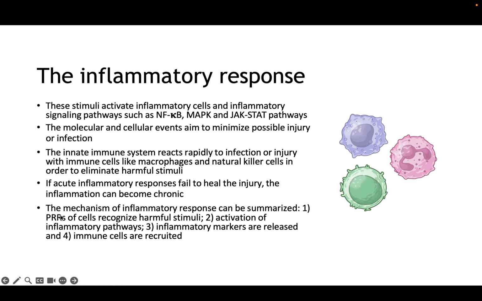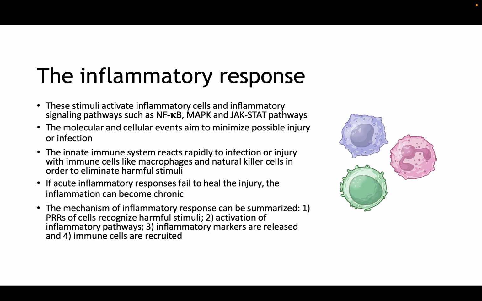Second is the activation of the inflammatory pathways, the ones we just spoke about, NF-kappa B and MAPK, and another pathway I didn't speak about, the JAK-STAT pathway. These are the three pathways mostly found in your inflammatory responses because they are extremely important in producing inflammatory molecules. There's one I spoke about that is not there, the IRF3 pathway, which is more for viruses.